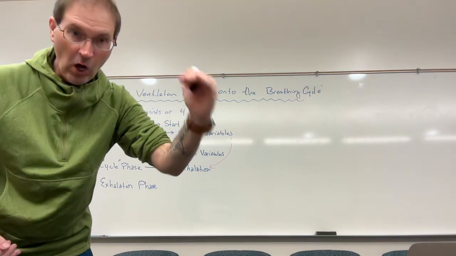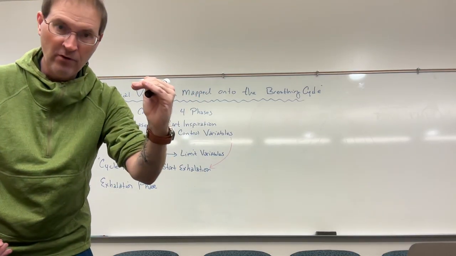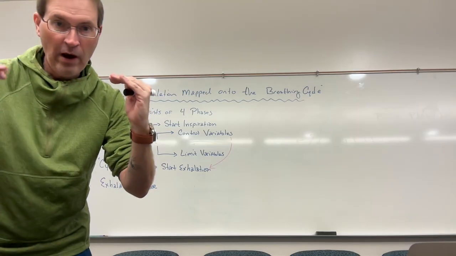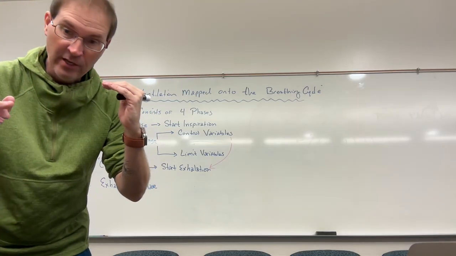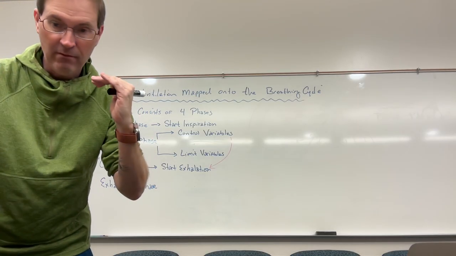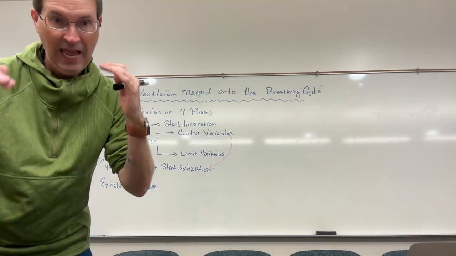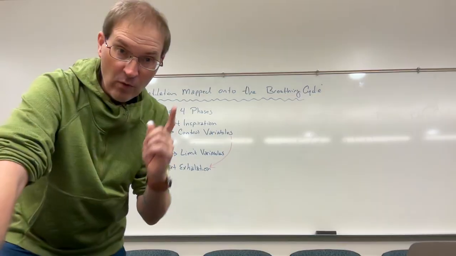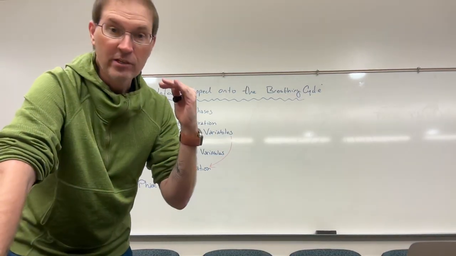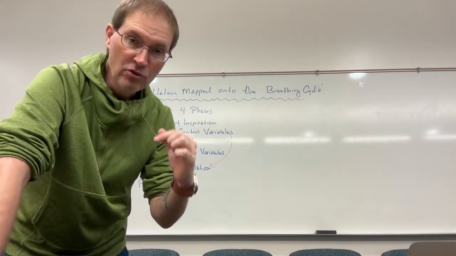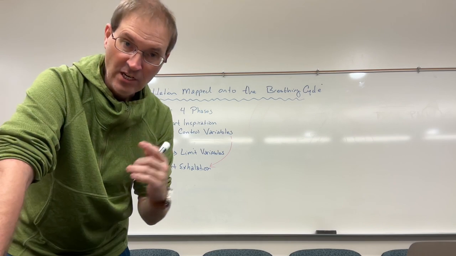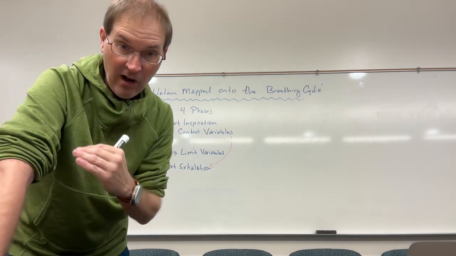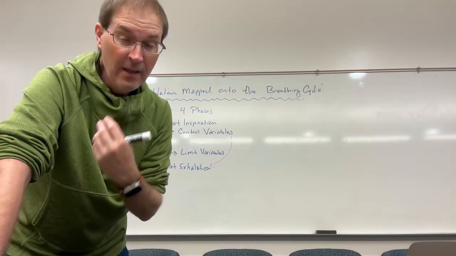So volume is the control variable that is used to cycle out of inspiration, whereas pressure is one of the variables that we're limiting. And limit variables, you can limit more than one thing at a time, whereas control variables, you generally only have the ability to use one variable at a time as a control variable.